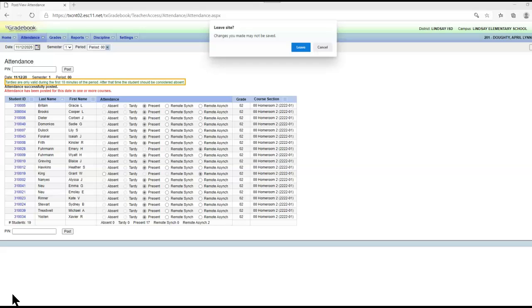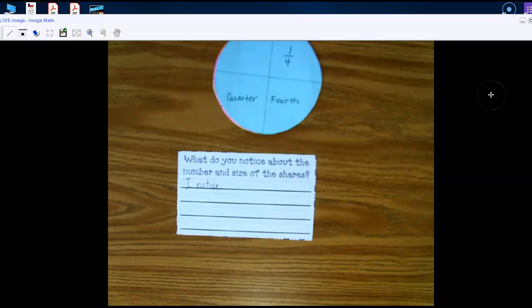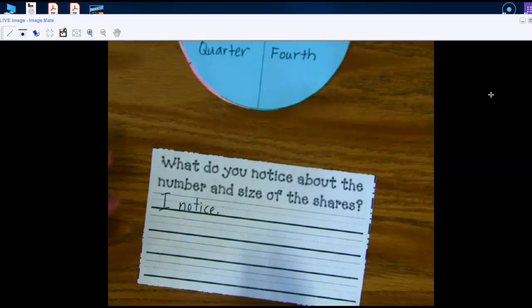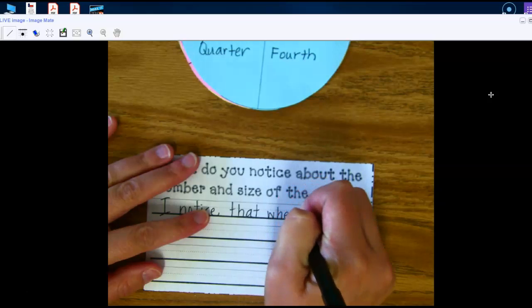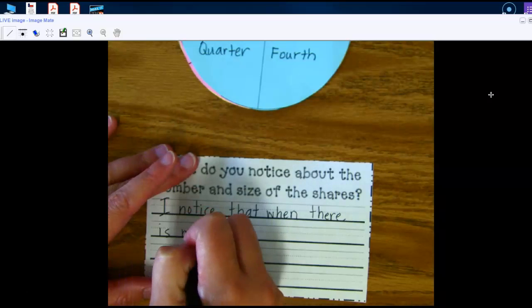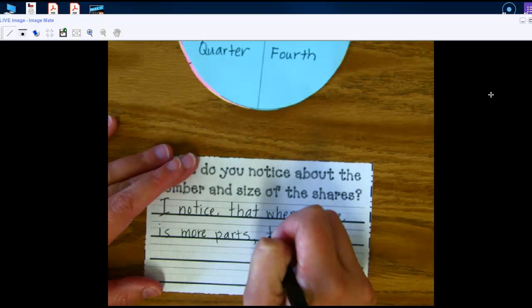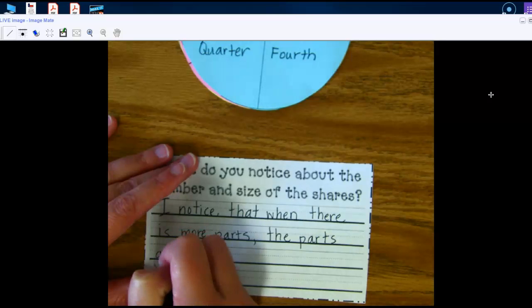I notice that when there is more parts, comma, the parts get, which one, smaller or bigger?